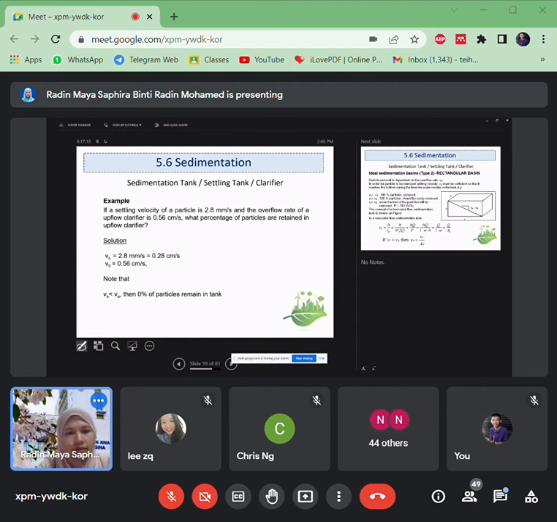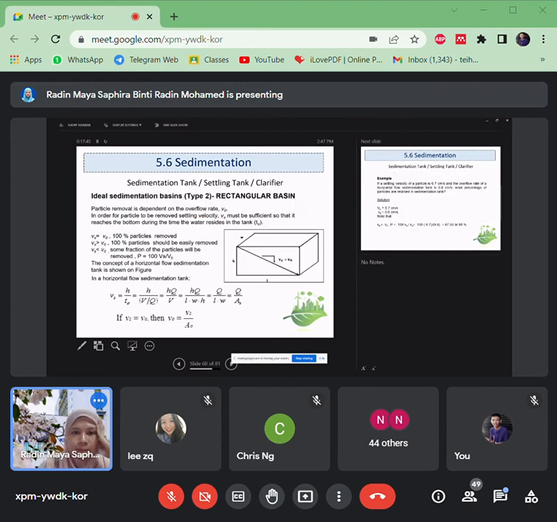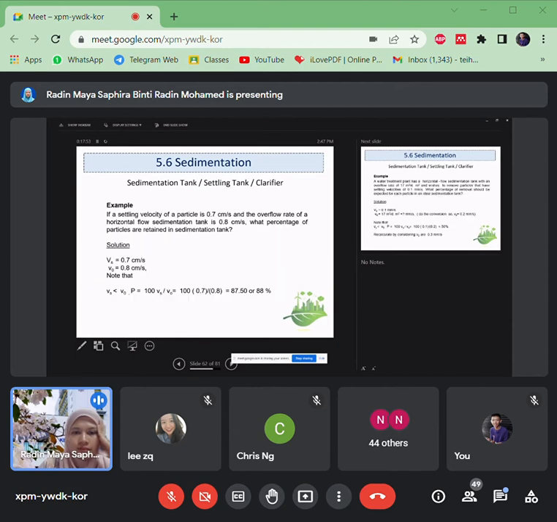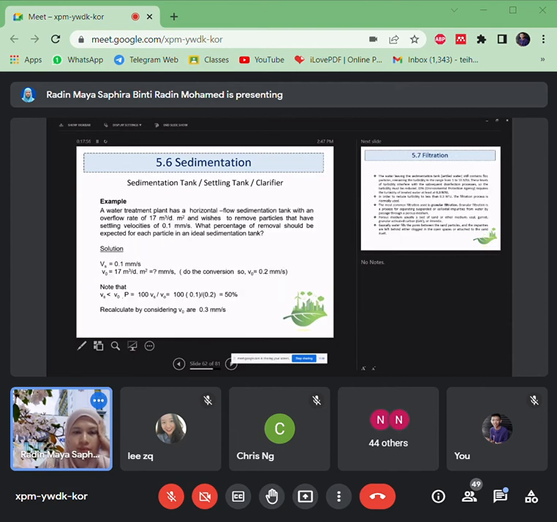Here we note that if the settling velocity is lower than our overflow rate, then the particles remaining in the tank is 0. None remain in the tank, which means everything has gone out to the next process. Okay, this is an example of the rectangular basin. This is the same as before, you can try it yourself.